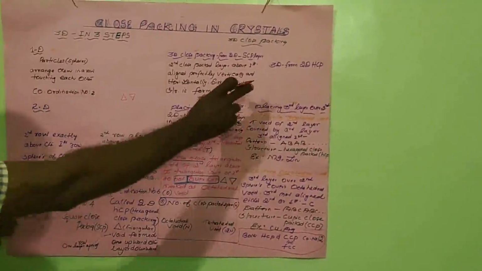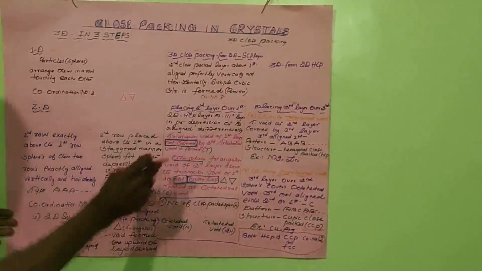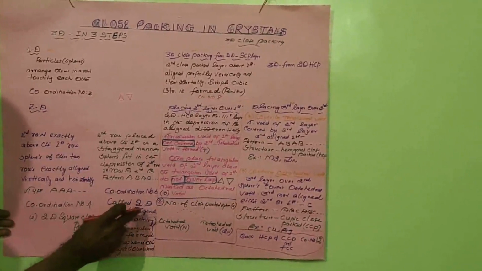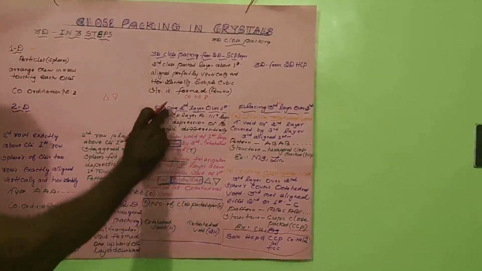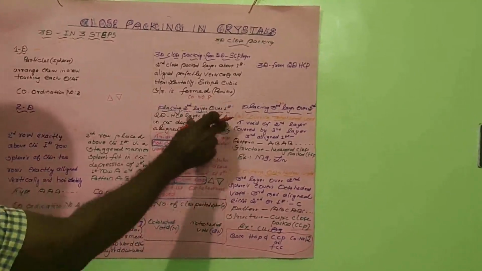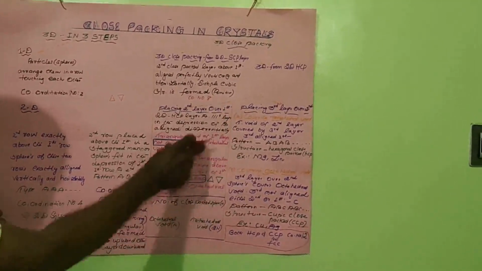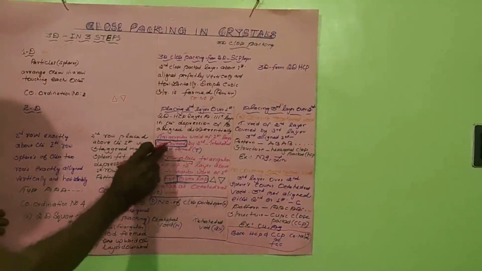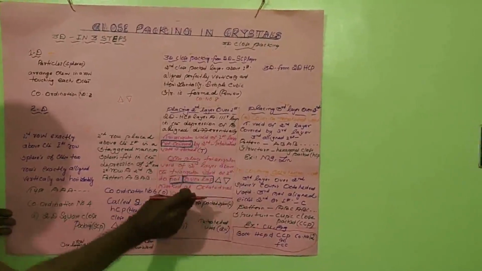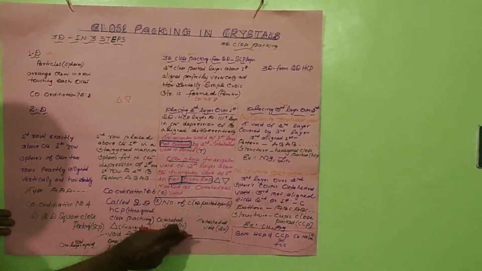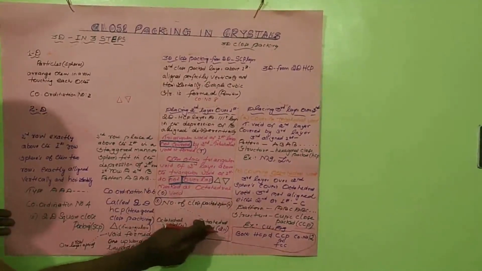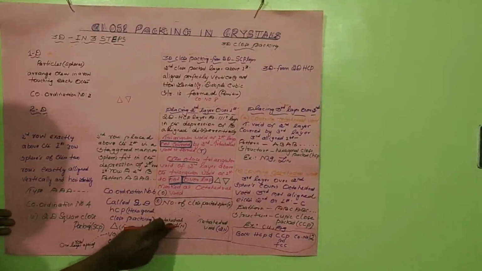Then 3D from 2D hexagonal close packed layer, placing second layer over first, two types of void are formed: one tetrahedral void, another octahedral void. The tetrahedral void is double the octahedral void.